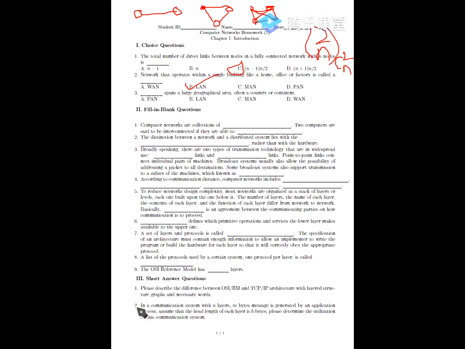In a communication system with n layers, m bytes messages are generated by an application process. Assume that the head length of each layer is h bytes. Please determine the utilization of this system.